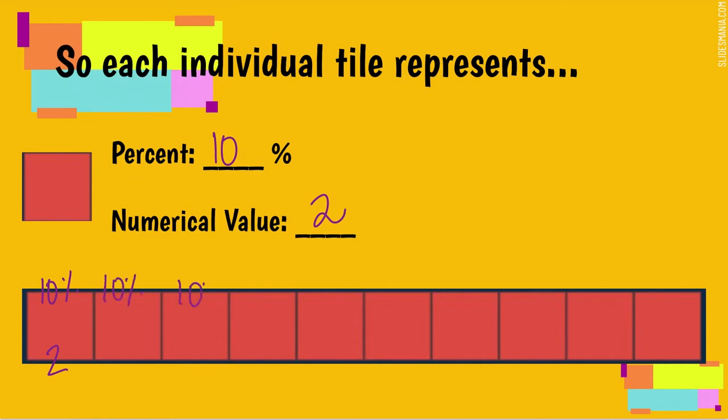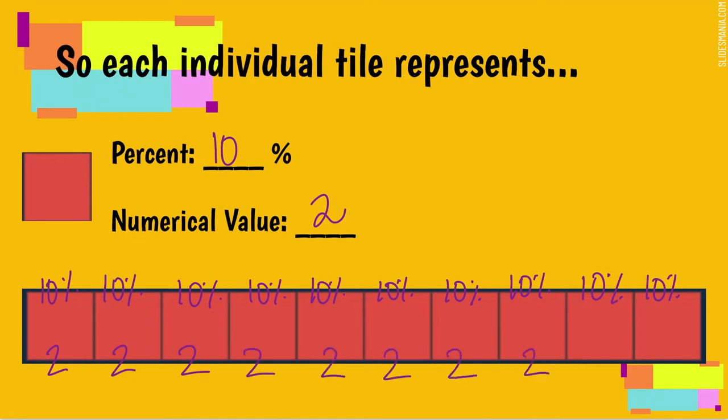Let's think about that. Let's build that up. So my 10 groups of 10% gave me my whole of 100%. And then my 10 groups of 2 represented my whole of 20.